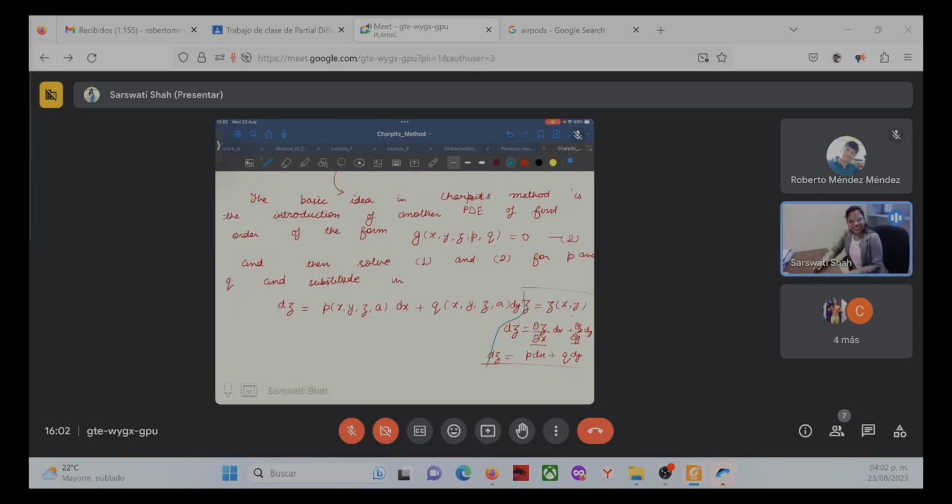Every time we are talking about a Cauchy linear partial differential equation and a nonlinear partial differential equation, the solution may or may not exist. We are not sure.